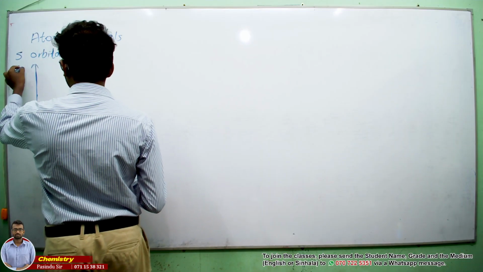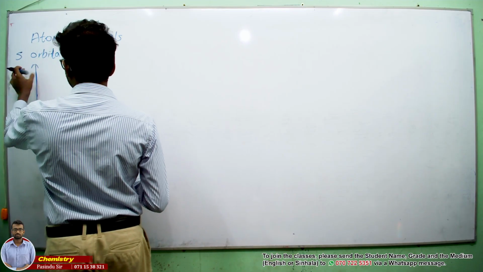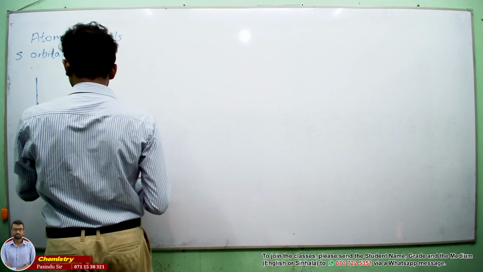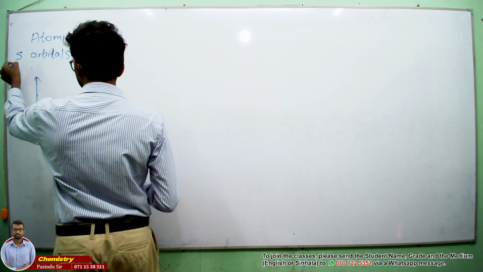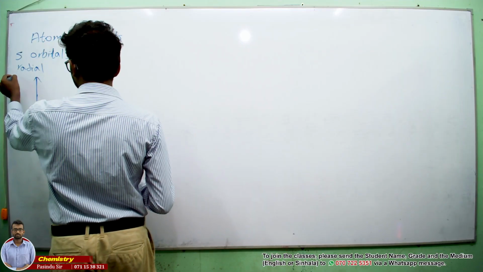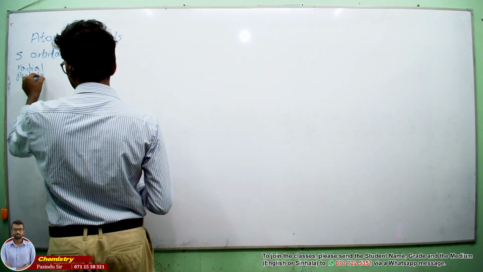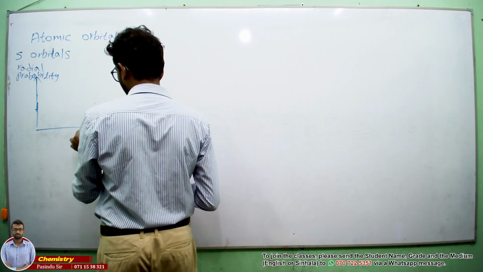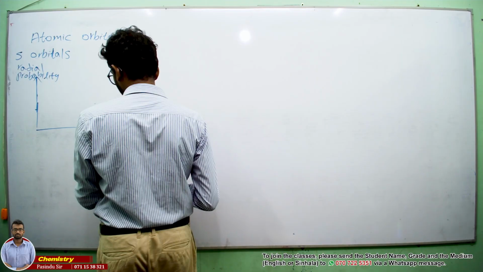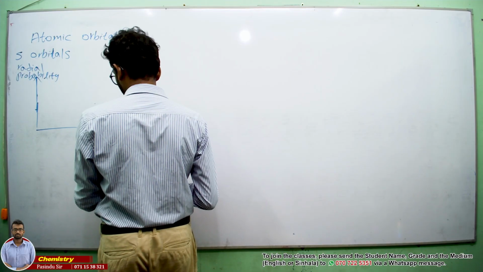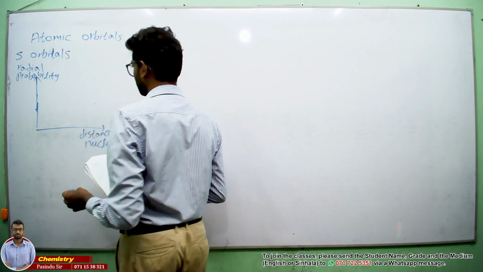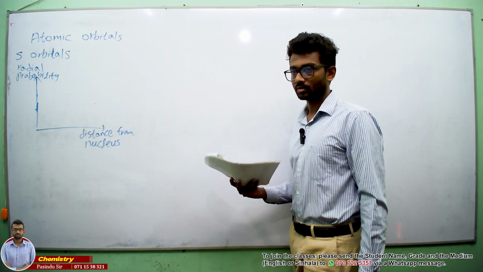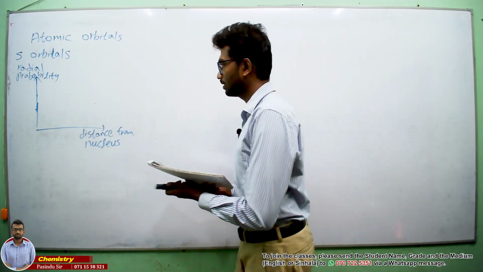This is probability. We call it radial probability, against distance from the nucleus.